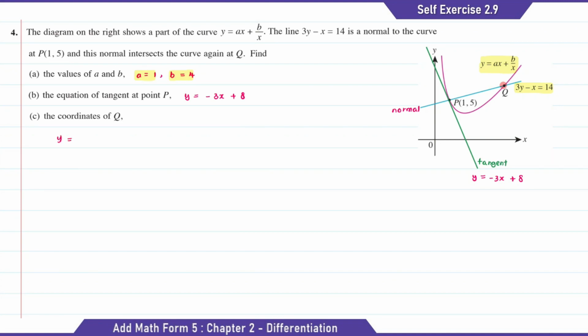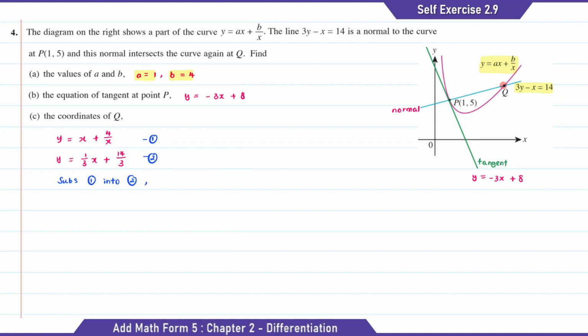Then the equation of the curve will be y equals x plus 4 over x. In question A, we already converted the equation of the normal into the form y equals mx plus c. Then the equation of the normal will be y equals 1/3 x plus 14/3.